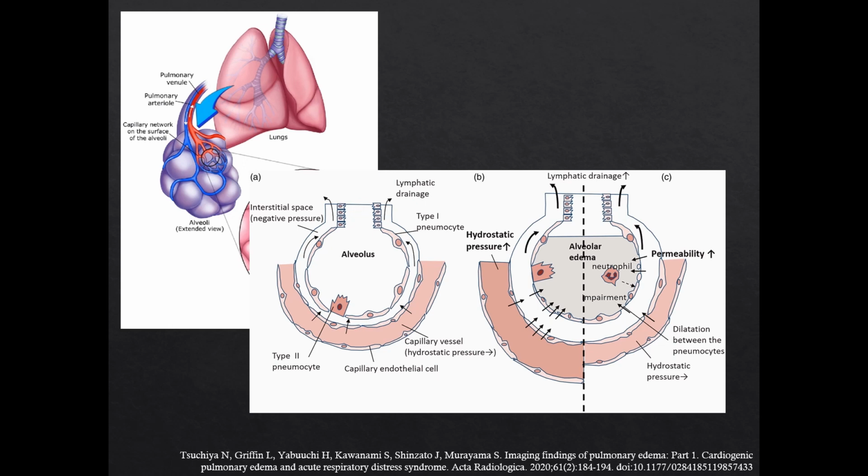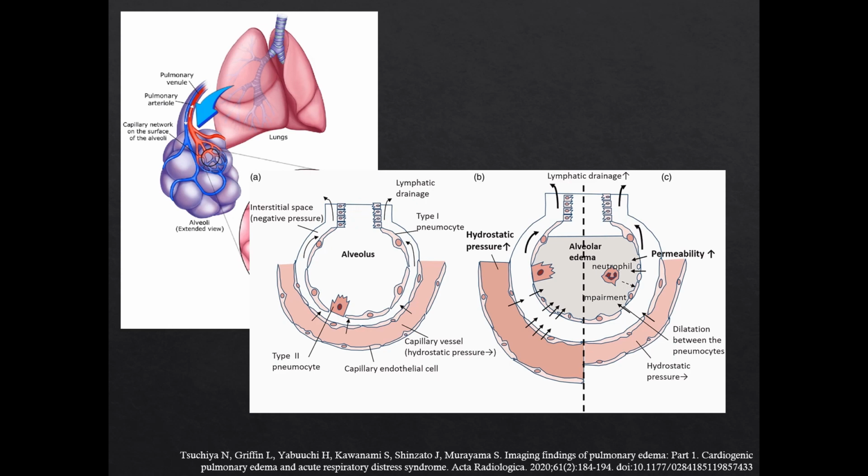This is most frequently due to a backup of blood from left ventricular dysfunction, left heart valvular dysfunction, or certain arrhythmias. The increase in hydrostatic pressure overcomes the interstitium's oncotic pressure, resulting first in interstitial pulmonary edema and later in airspace opacification.